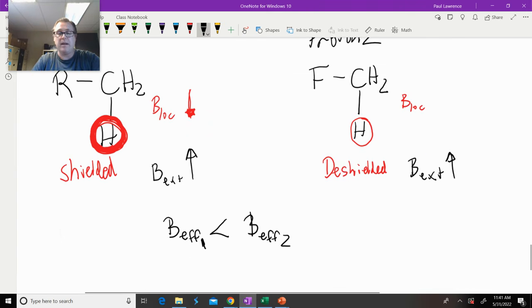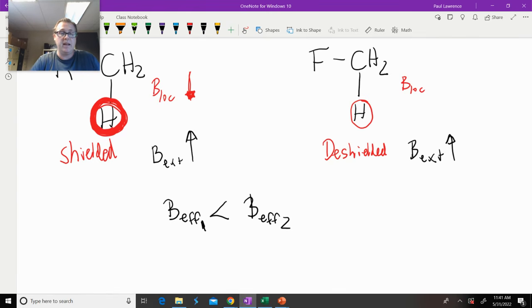Okay. Now, what we've learned previously is when you look at proton 1 and proton 2, which one is going to feel a stronger external magnetic field? Well, because proton 2 is deshielded, less shielding, it's going to feel more of the external magnetic field, right?